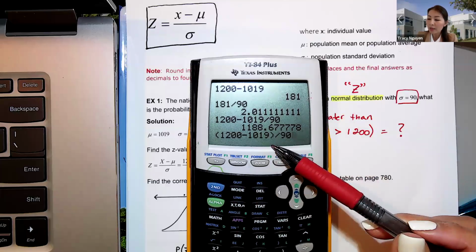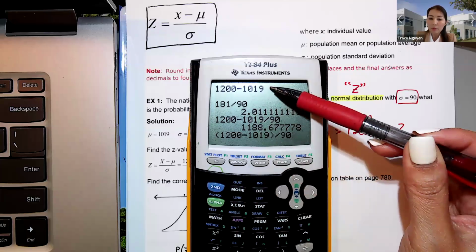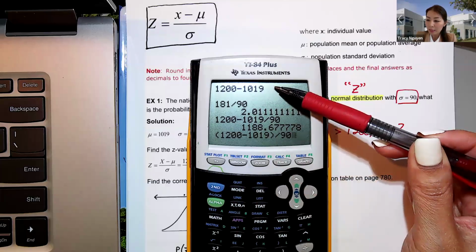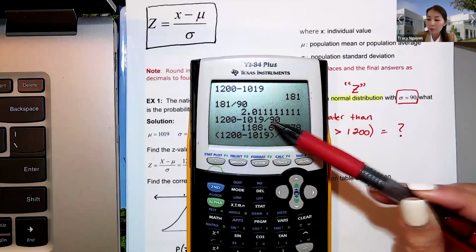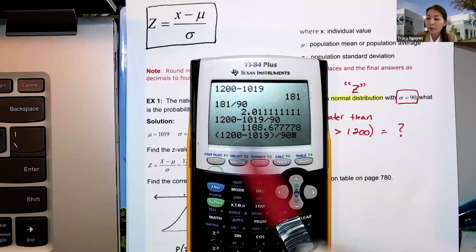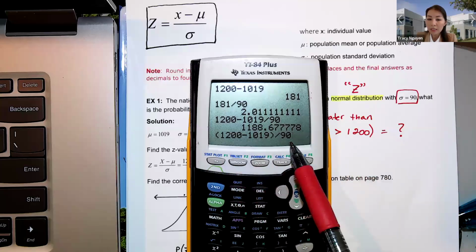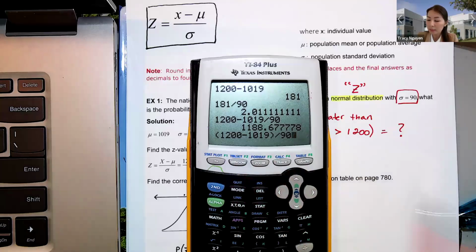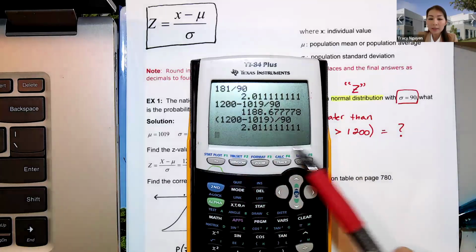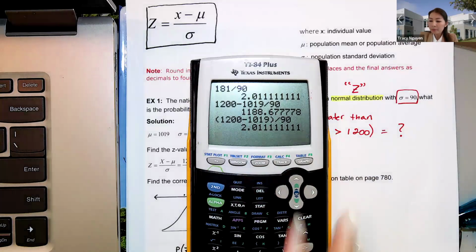So this way will give you the same results as what we did from the beginning. But the way in the middle here is not what we intended to do. So if you want to do the whole computation all at once, make sure you key in with parentheses. All right, so here we get 2.011.